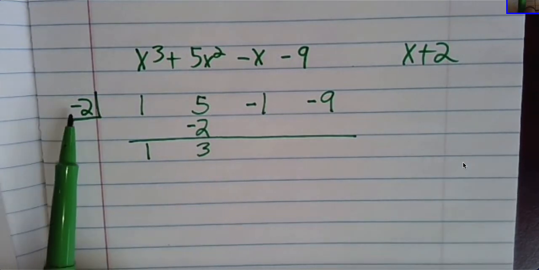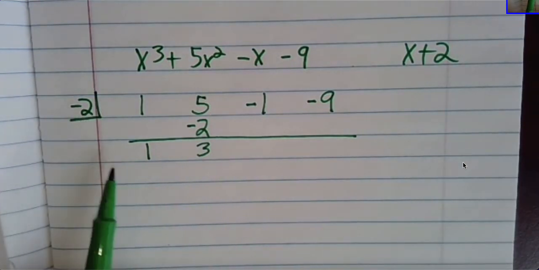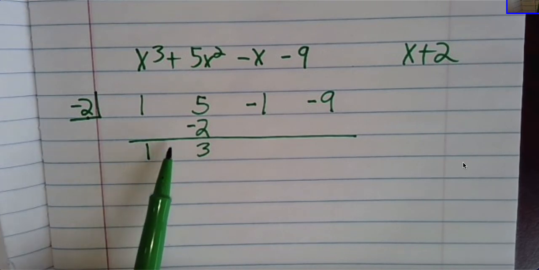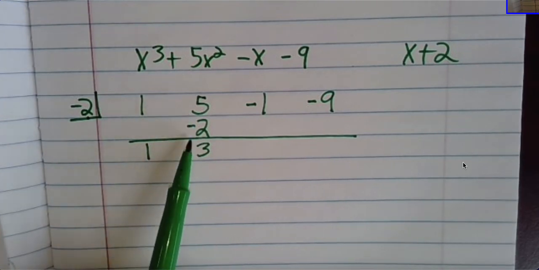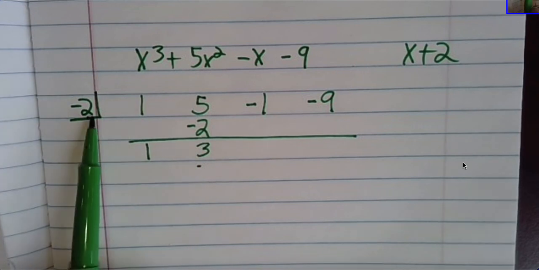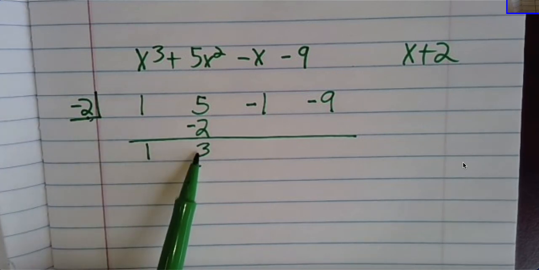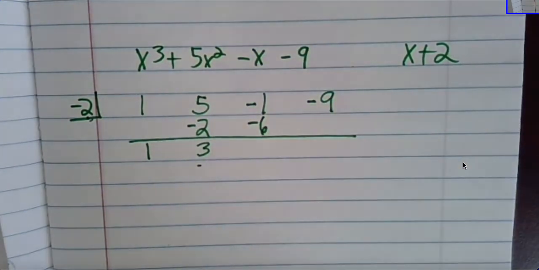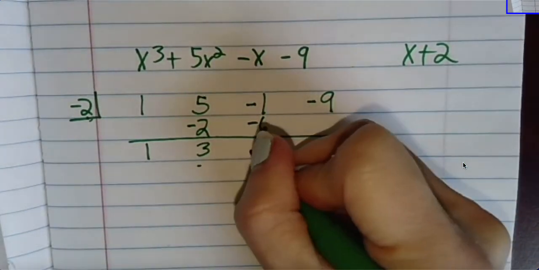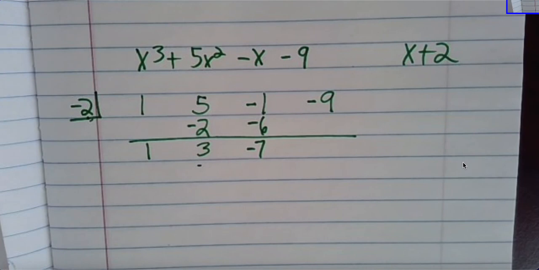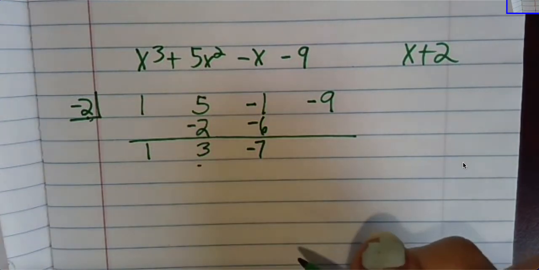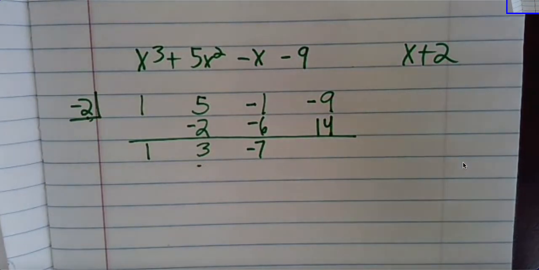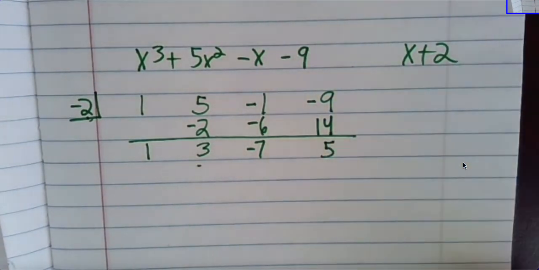Then you're multiplying this times your terms. So negative 2 times 1 is negative 2. Then I add. Then negative 2 times 3, because we're basically distributing, is negative 6. And I add in this one. Then negative 2 times negative 7 is positive 14, and I add, which gives positive 5.